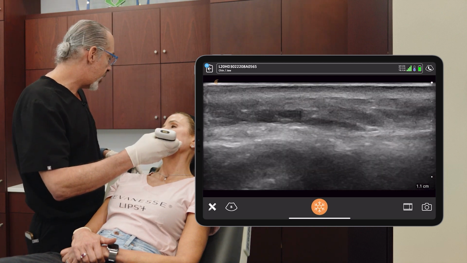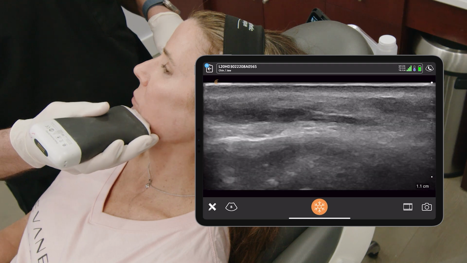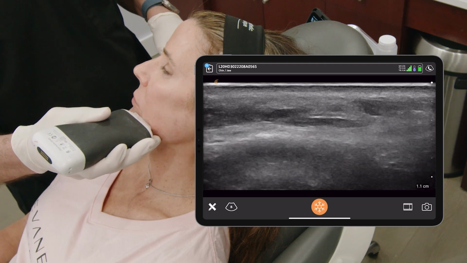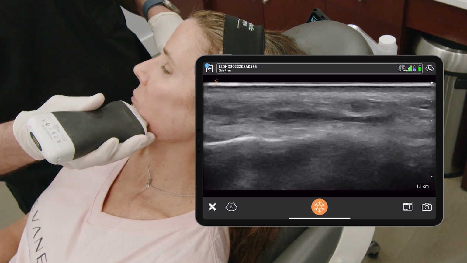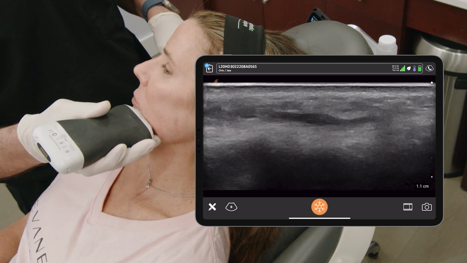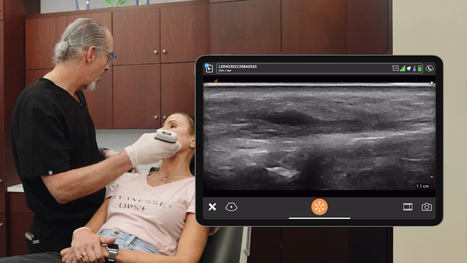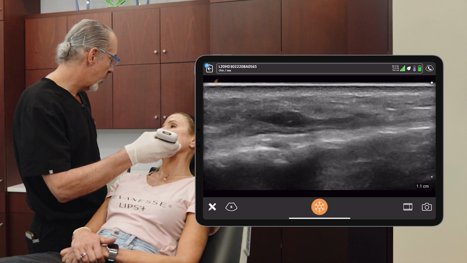And always just deep to the DAO muscle is going to be your mental foramen. That's a little bit of a break in the bone. Hold on, let me move it over a little bit. And you're going to see a little notch in the bone. There it is right there. Let me just get it in focus.